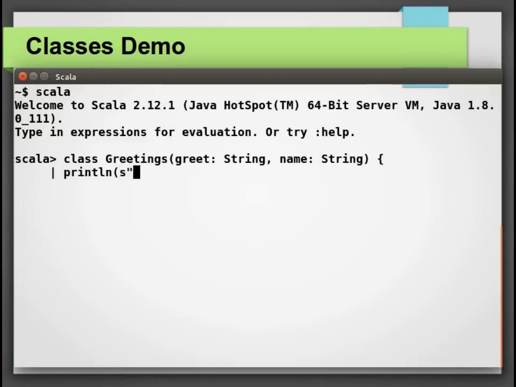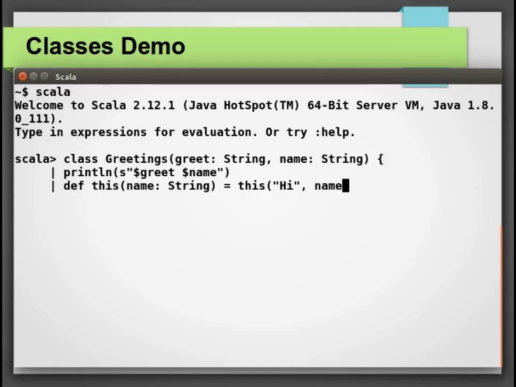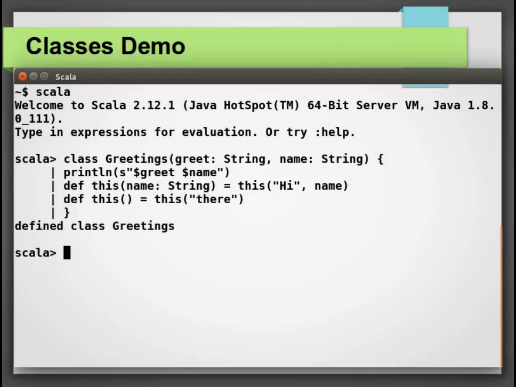I will redefine the Scala class to add two auxiliary constructors. The primary constructor still accepts the name and greet. The first auxiliary constructor accepts the name of the person to be greeted. This constructor then provides hi as the default value of greeting and will call the primary constructor.